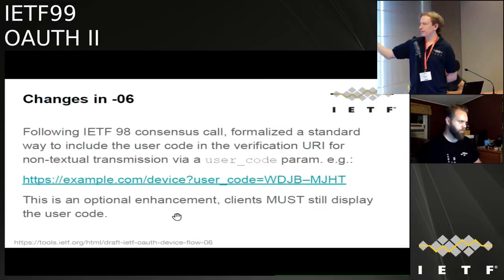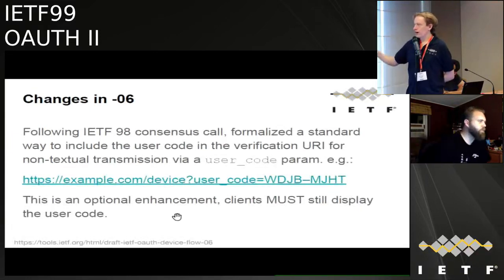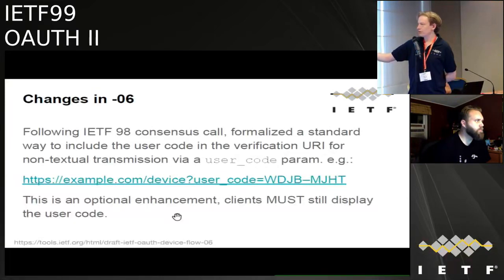And then the spec is basically saying, as an optimization, if you want to display that verification URI textually, then you can use a standard URL parameter that matches the key of the JSON called user_code, and pass it in the URL. So it tells you how to construct this optimized URL.